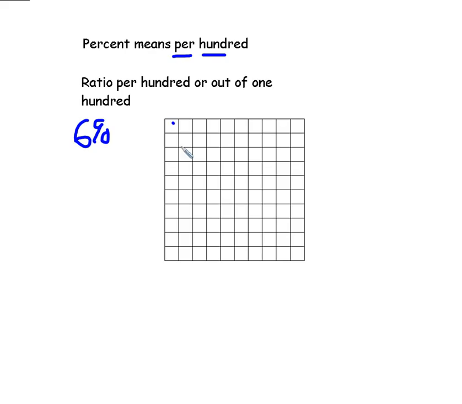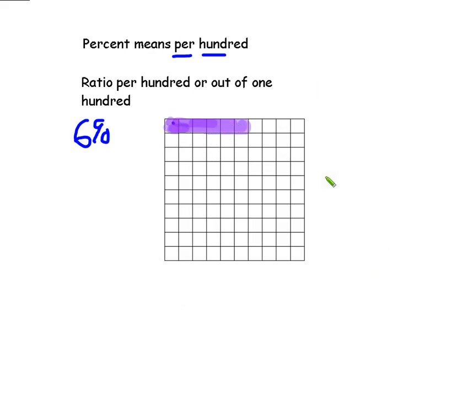If I have 6 hundredths, this is how much I have. 1, 2, 3, 4, 5, 6. 6 hundredths right here. That's 6% or 6 hundredths.